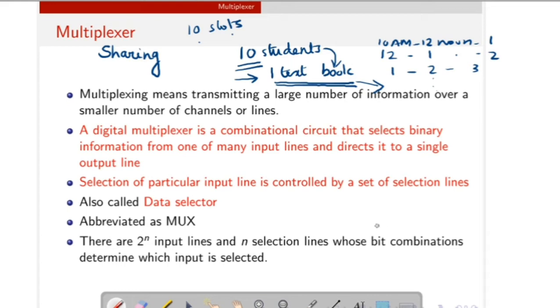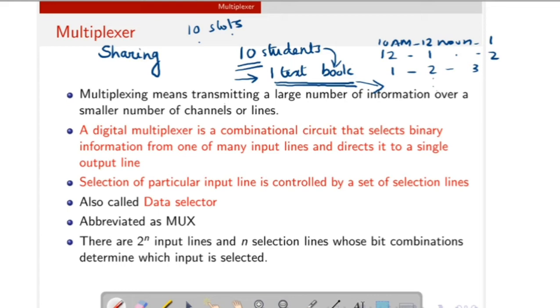Okay, so there are several devices and a single channel, and the devices use the single channel for a particular time slot. Then it can actively communicate with the computer. So that is called sharing. So multiplexing means actually sharing.